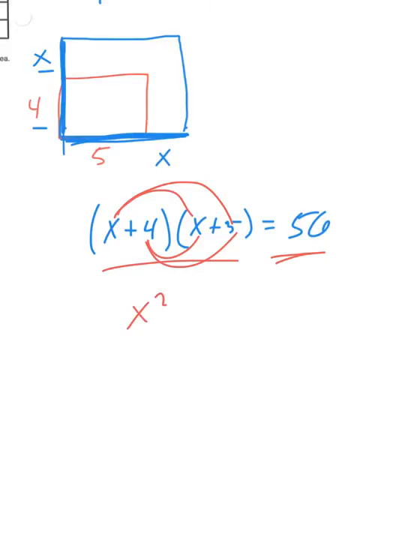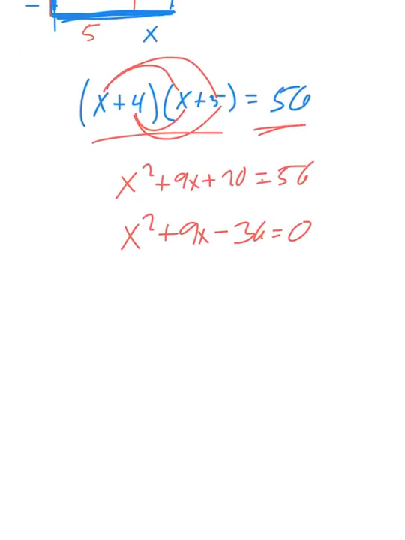I'm just going to skip ahead a little bit to help us save some time. That's going to give us x squared plus 9x plus 20. And all that equals 56. And then I got to move the 56 over by subtracting it, so it's going to be x squared plus 9x minus 36 equals 0. Now I've got it set up for our factoring.